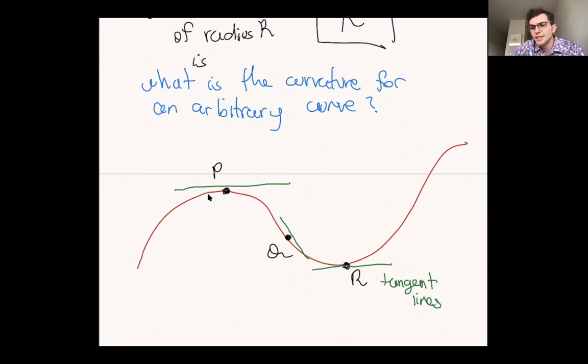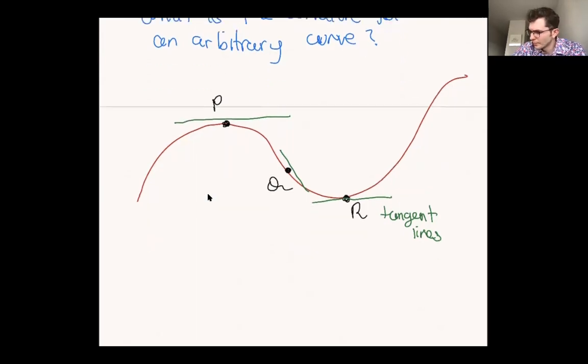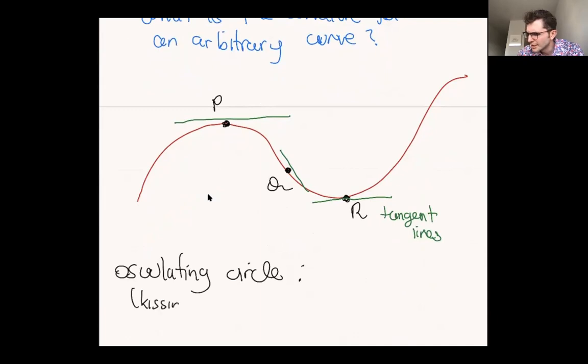There's a similar notion called the osculating circle. That's a circle that best approximates the curve. I think it's also sometimes called the kissing circle.